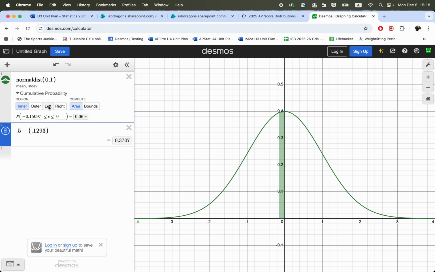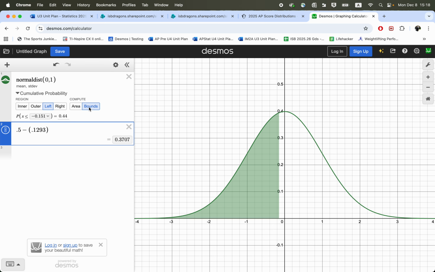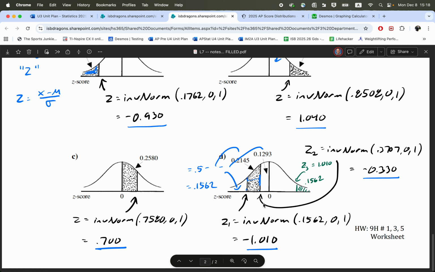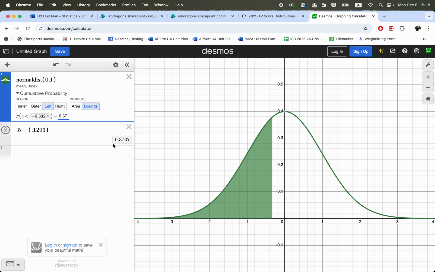Okay, so I want the area to the left to be 0.3707.